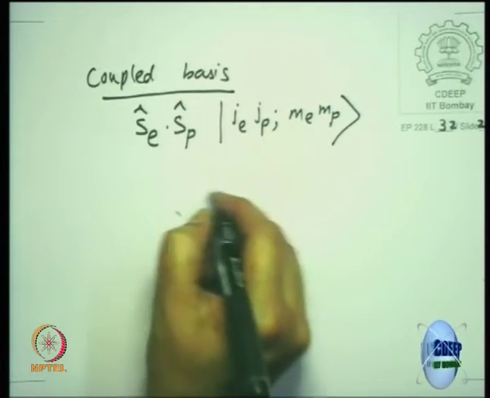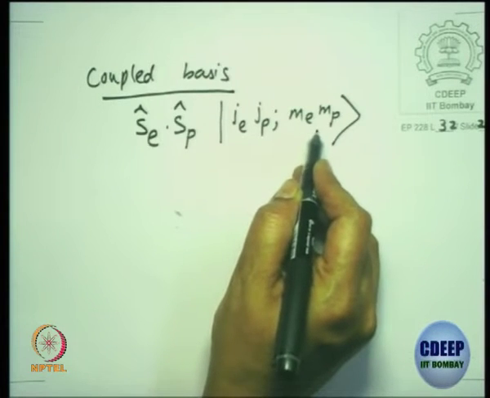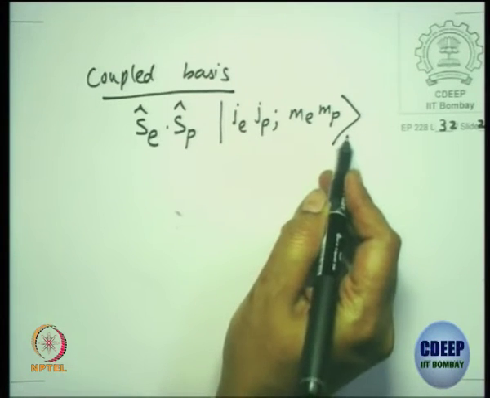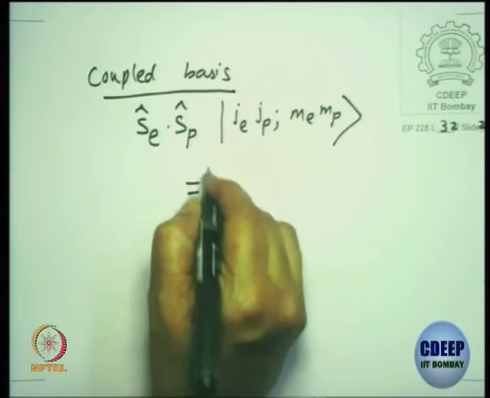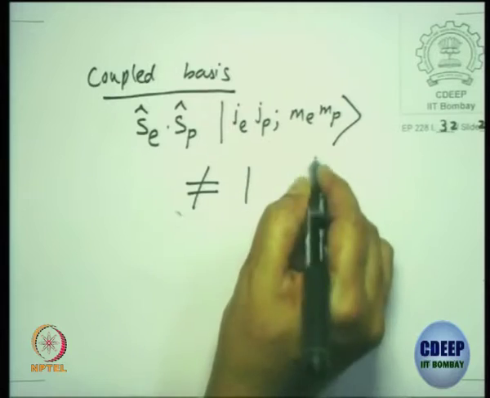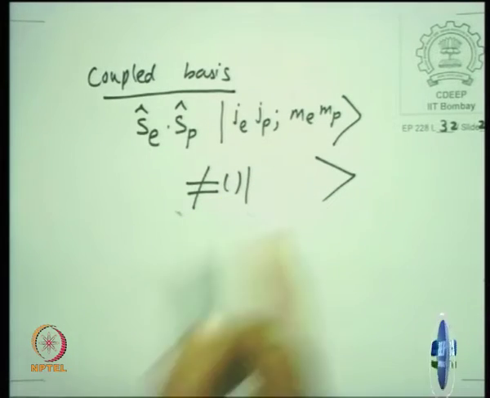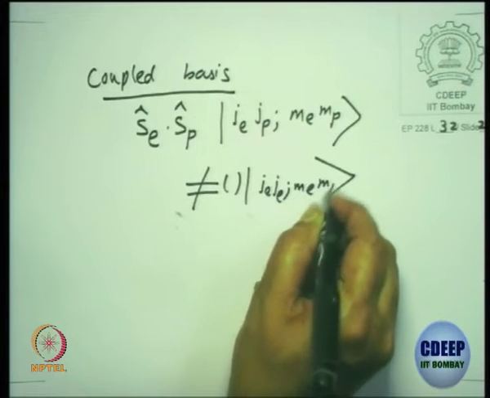It was not an eigenstate, especially for Me which is half and Mp which is minus half, right? I'm sure you have checked this. So this is not in general equal to the same state with some coefficient. So it is not an eigenstate. The uncoupled basis is not an eigenstate of this.